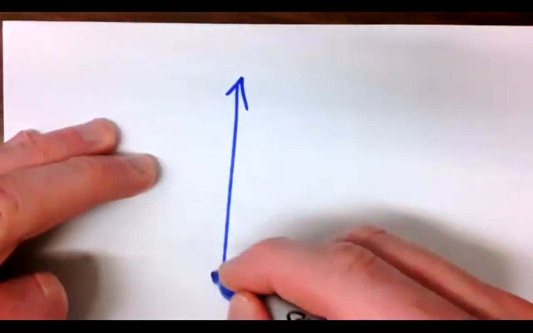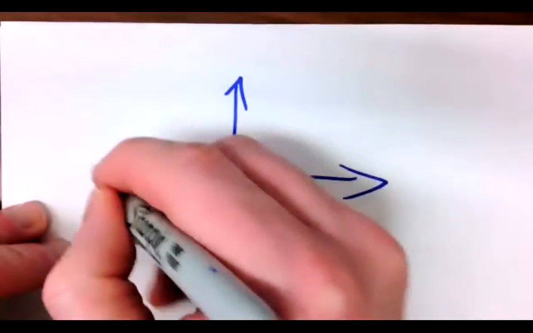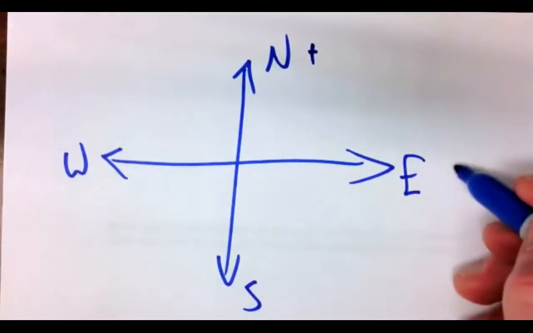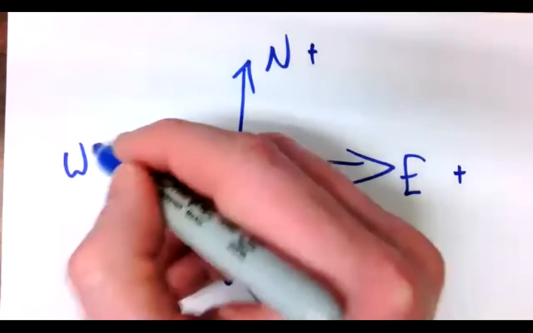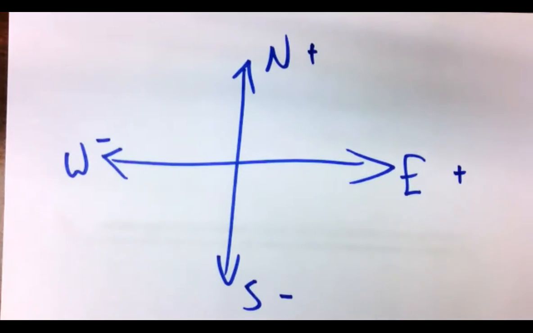The short answer is no. The easy answer is yes. The reason I say that is, if we have this is west, this is east, this is north, this is south, and we say that up and to the right is positive, and we just always say that, that's totally okay. There's nothing wrong with it.